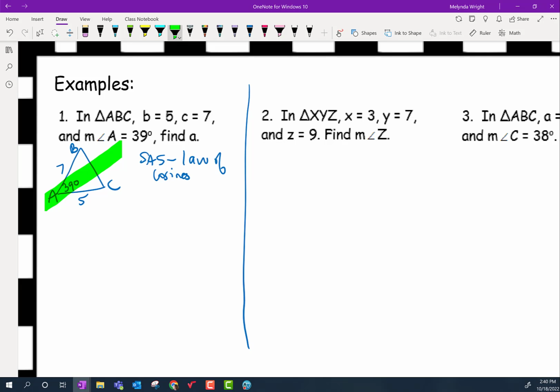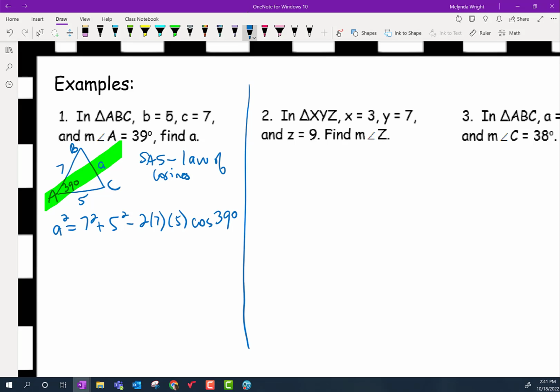That's my anchor for law of cosines, and this would be like an A. So that's what I'm going to begin and end the formula with, my A and angle A. So we've got A squared equals 7 squared plus 5 squared minus 2 times 7 times 5 cosine of 39 degrees.